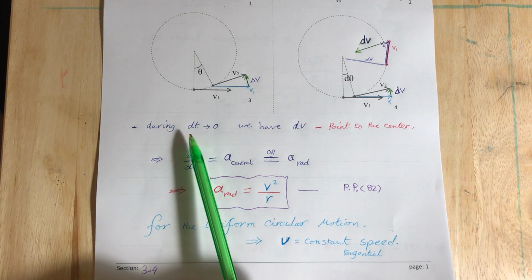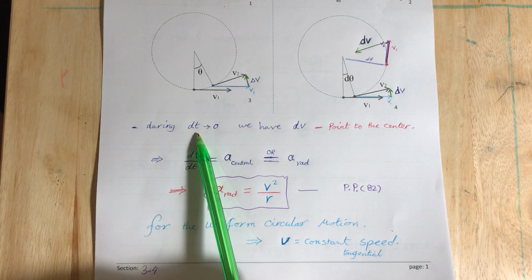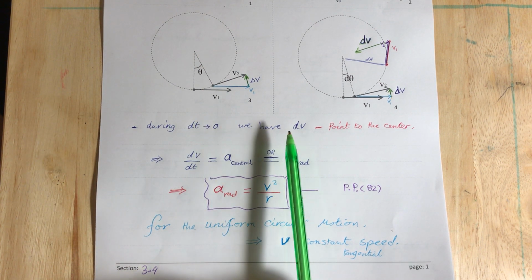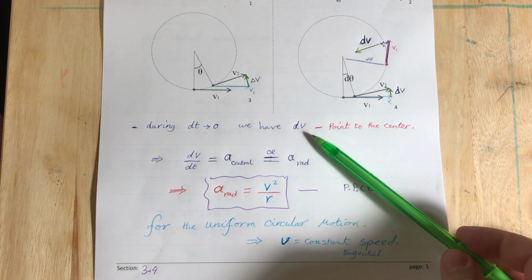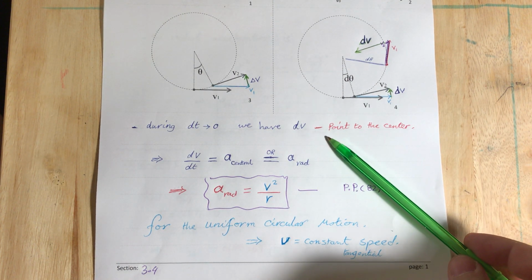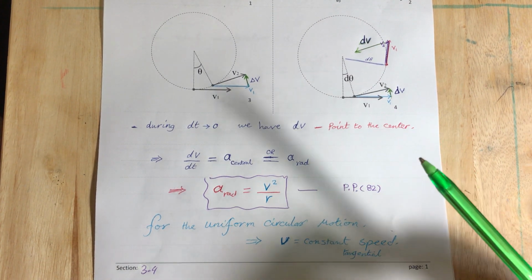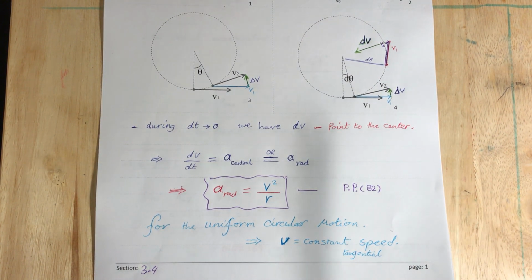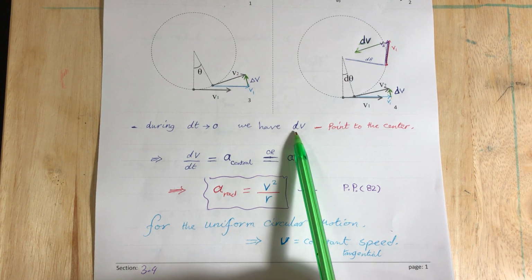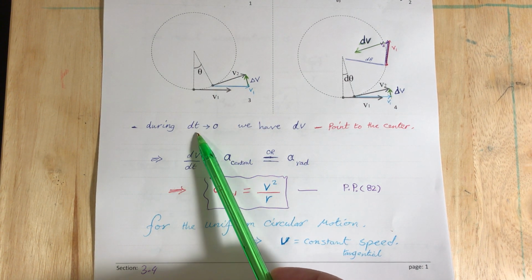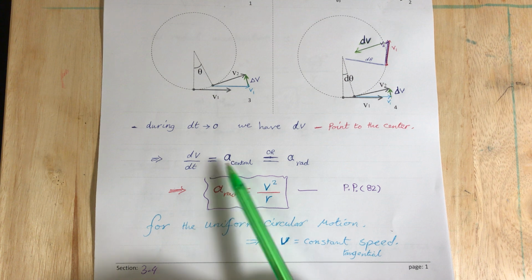As delta time, or dt, goes to 0, we have dv, the change in velocity, and this dv points to the center. If we have a change in velocity and a change in time, then we have acceleration.